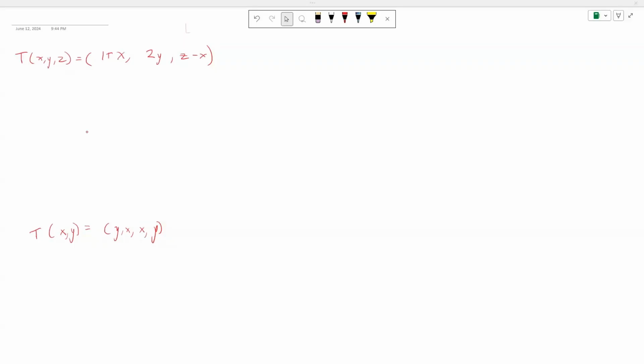So now I'm going to look at two functions. The first one is mapping R3 to R3, and the second is mapping R2 to R4. In the question, this is from the textbook 2.1 number 3.